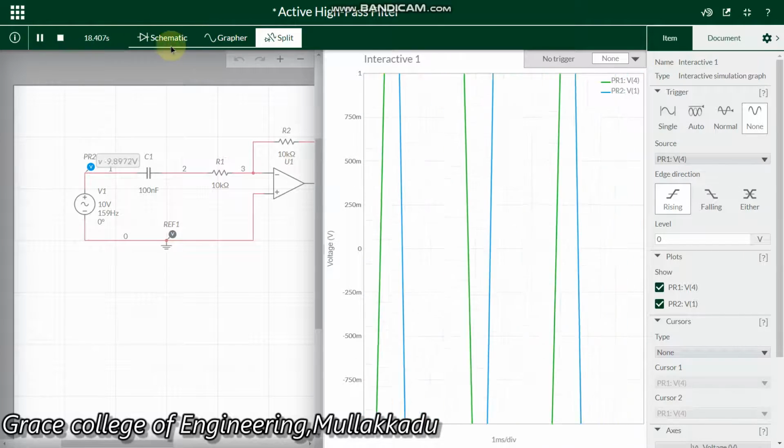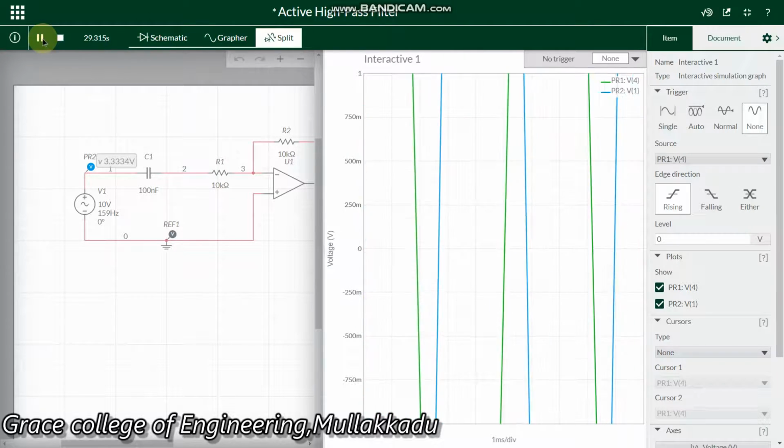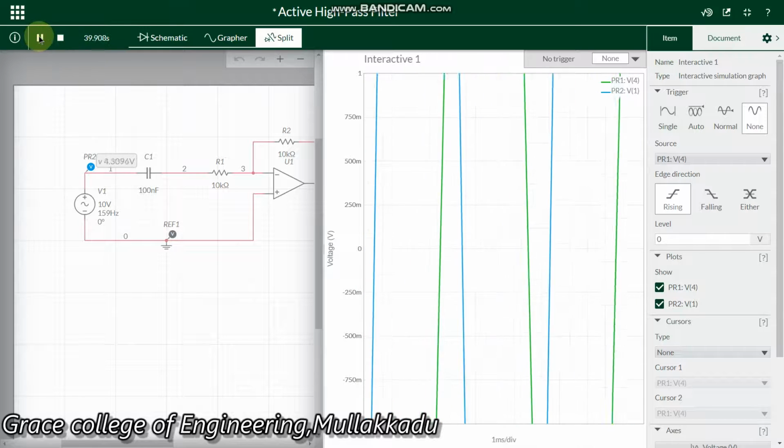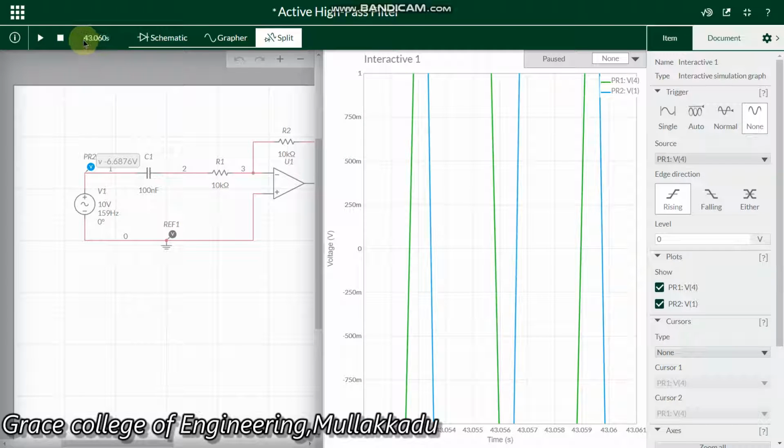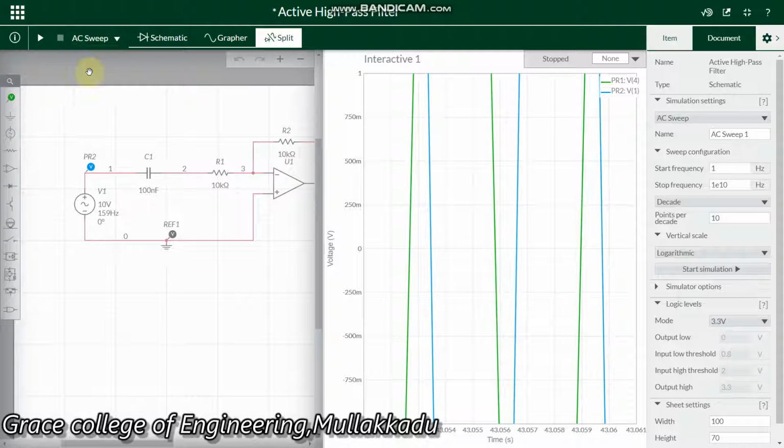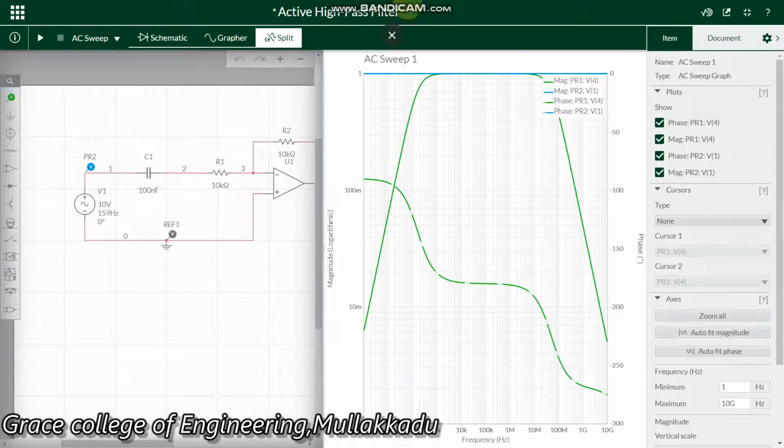We can see the various responses using these tools, and now we can see the frequency response, AC sweep, of this high pass filter. Okay, next we are going to see the frequency response of the low pass filter.